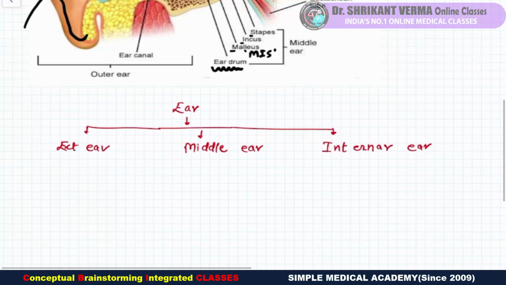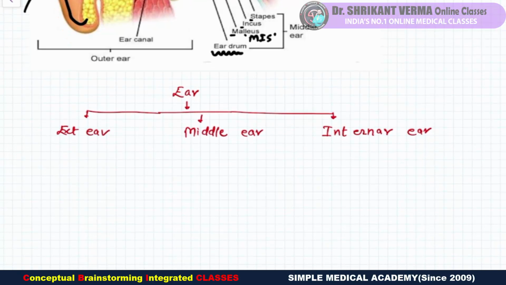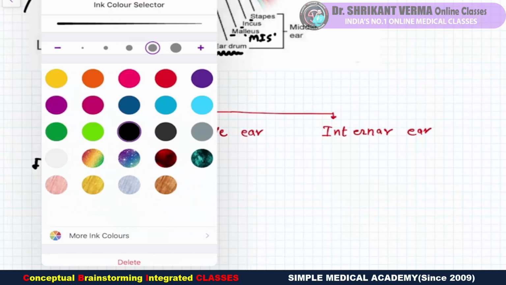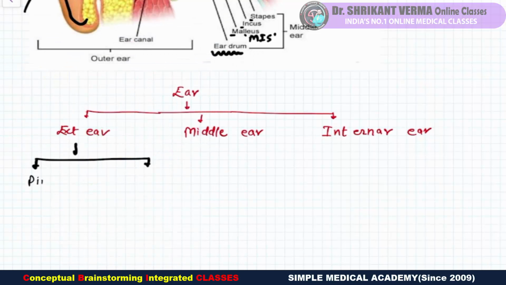Yes, external ear, again you can divide this external ear into two parts. What are the two different parts? One is our pinna and another is the external auditory canal.